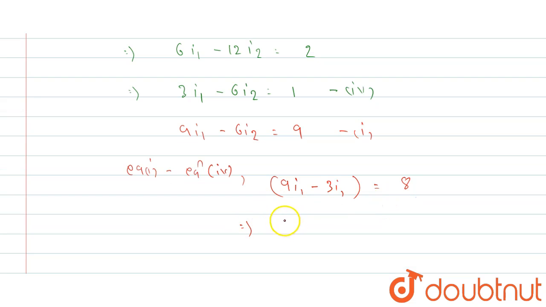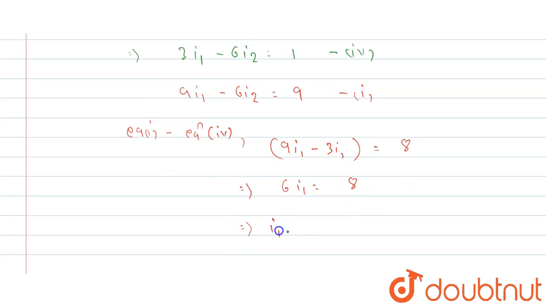That implies, students, we get 6I1 is equal to 8. That implies I1 is equal to 8 divided by 6, which is equal to 4 divided by 3 ampere.